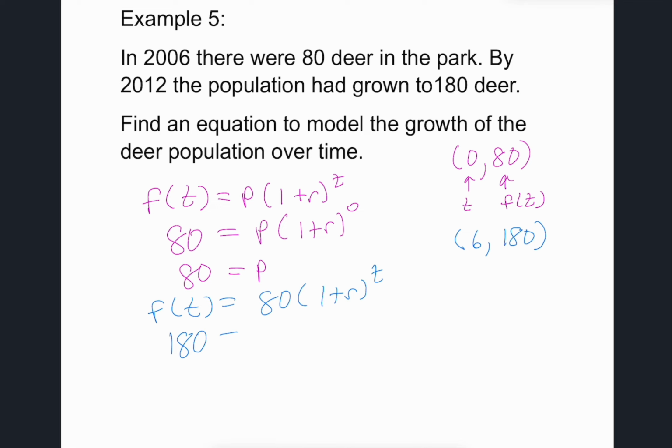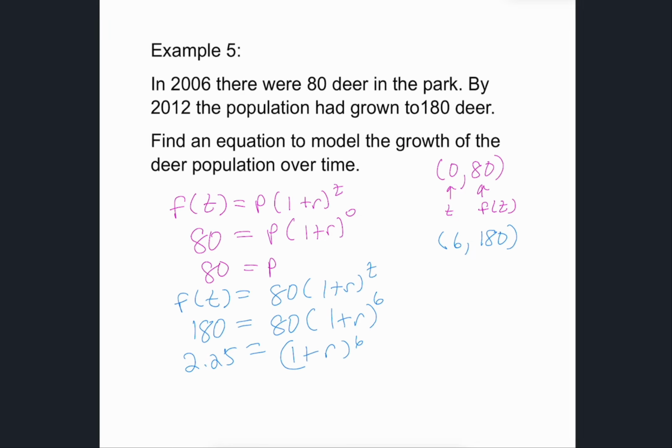So 180 equals 80 times 1 plus R to the 6th power. Now we're going to divide both sides by 80. So we get 2.25 equals 1 plus R to the 6th.